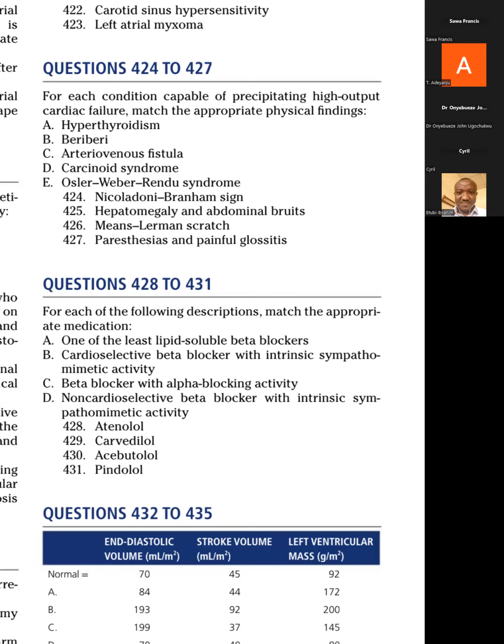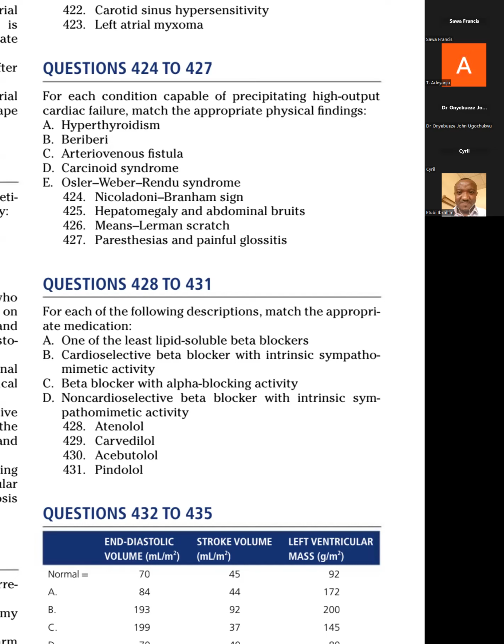The arteriovenous fistula is much related to it. It is named after the man that discovered the phenomenon. Once you have an AV fistula and there is manual compression of that fistula, then the heart rate slows, without affecting the arterial pressure. But in most cases, the arterial pressure also gets high.